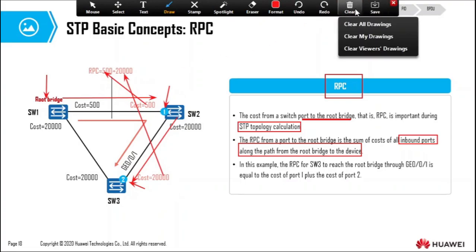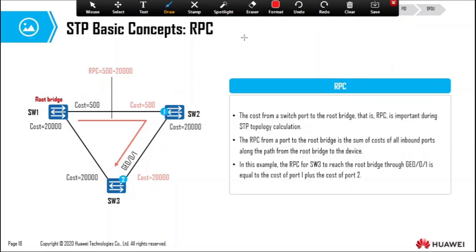Yeah, so that's how we add the RPC. So the RPC is important in selecting what we call the root port. So we're going to see how in just a short while.